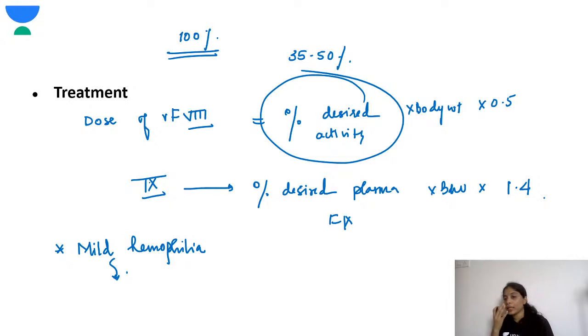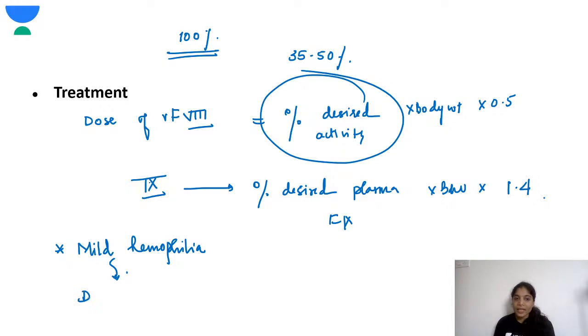In mild hemophilia, there's a drug which has been used. What drug is it? The drug can be given intranasally. Any idea? Yes, very good.